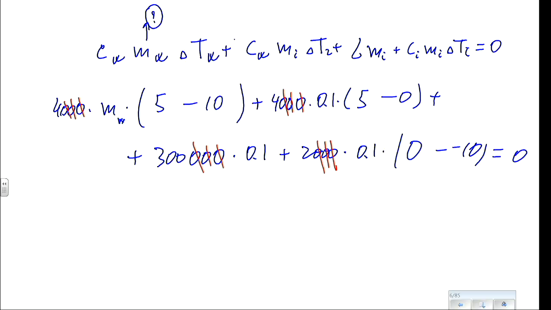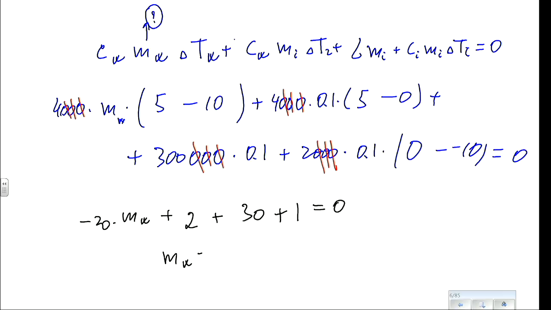All right, what equation do we have here? 5 minus 10 is -5. -5 times 4, -20. -20 times mw. Plus 5 times 4 is 20 times 0.12 plus 300 times 0.130 plus, minus and minus makes it plus 10 times 0.11 equals 0.